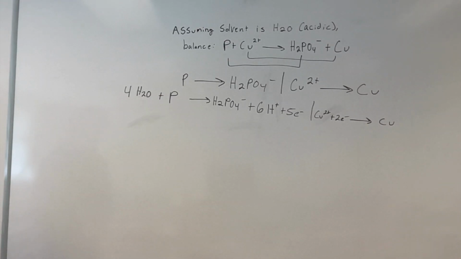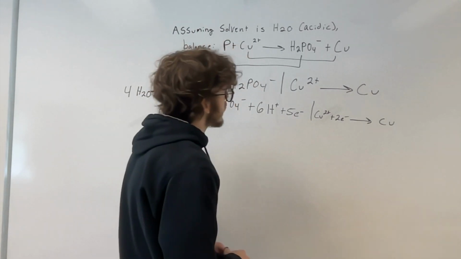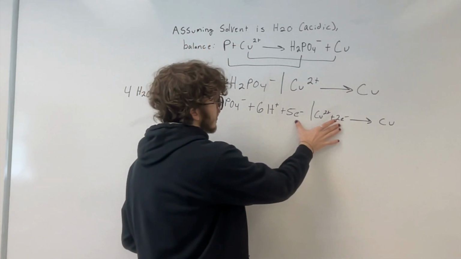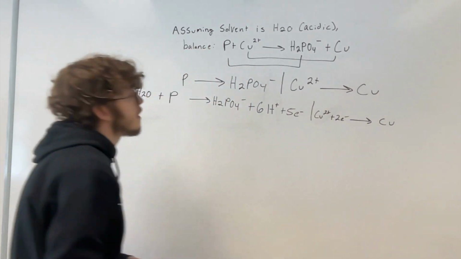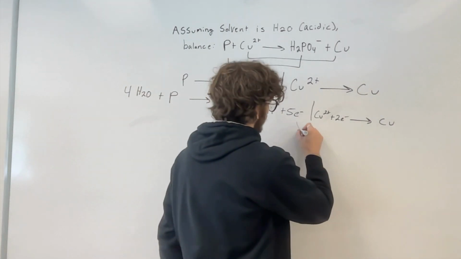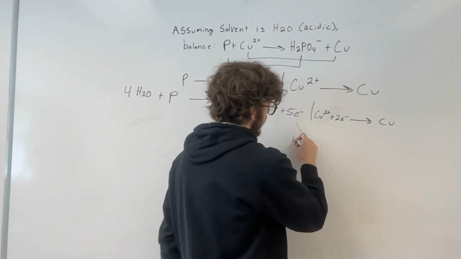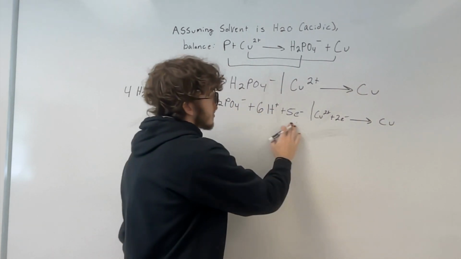So how can we do that? Well, my number one tip is, look at these electrons here. Make them the least common multiple. So that would be 10. So 5 times 2 is 10. 2 times 5 is 10. So we want to keep it 10 here.